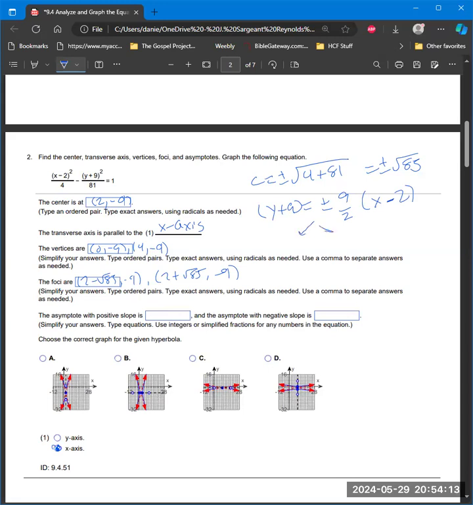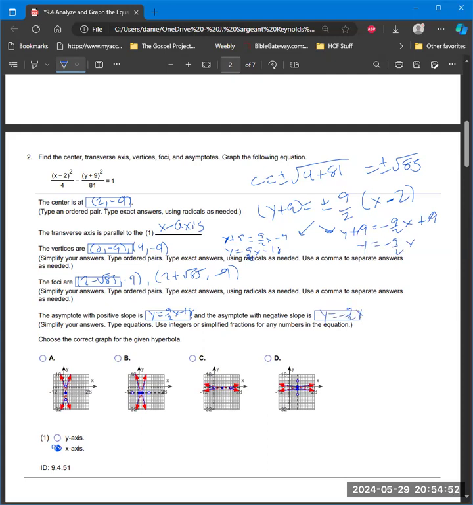So break that up: y plus 9 equals positive 9/2 x minus 9, and y equals 9/2 x minus 18. So that's the part with a positive slope. And if I have y plus 9 equals negative 9/2 x plus 9, then y equals negative 9/2 x.